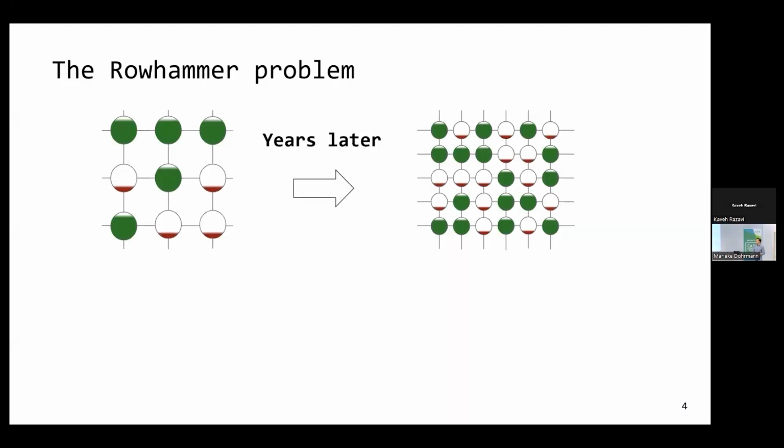So what is Rowhammer? Maybe just a very brief introduction. This is a problem of electrical element scaling, transistor and capacitor scaling. We have Moore's law that is now kind of giving out, but you still hear that we're still making them a little bit smaller.